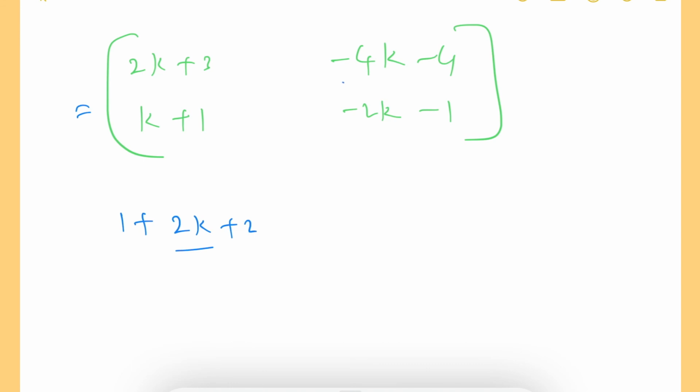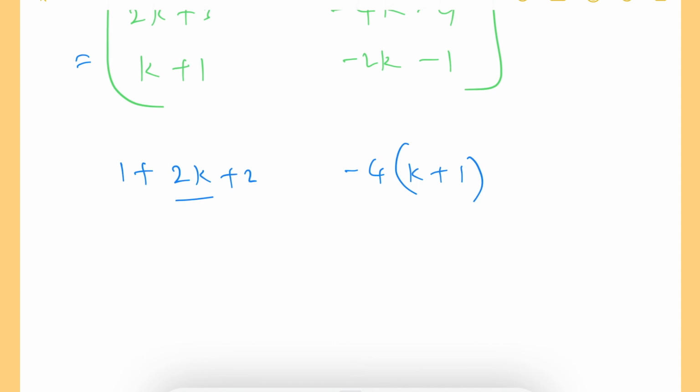Next, minus 4k minus 4, I am taking minus 4 common, then we remain with k plus 1. Next, the third element I am not changing anything, so I will keep it as it is, k plus 1 only.